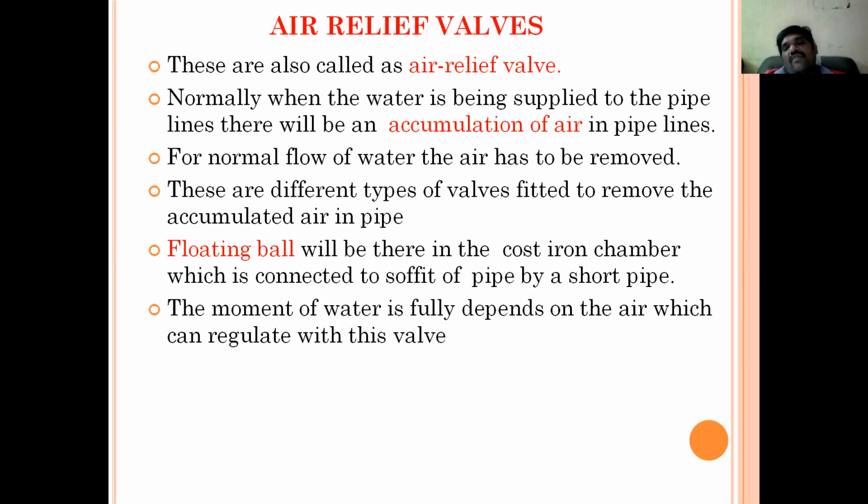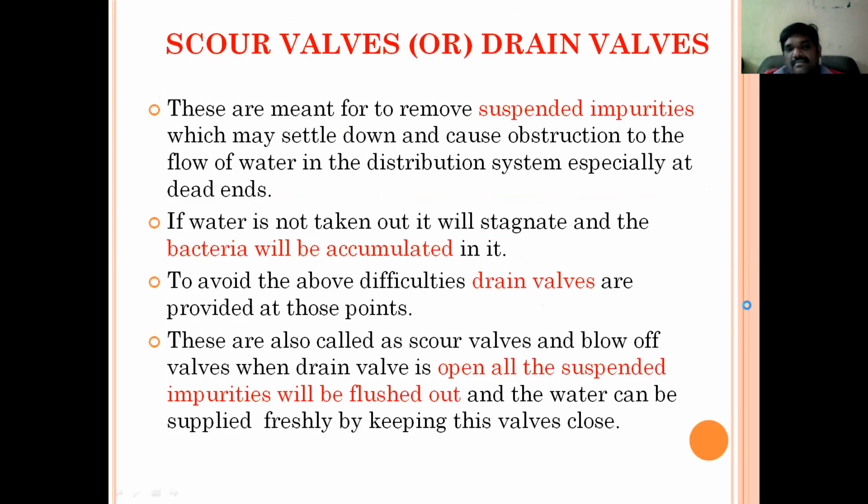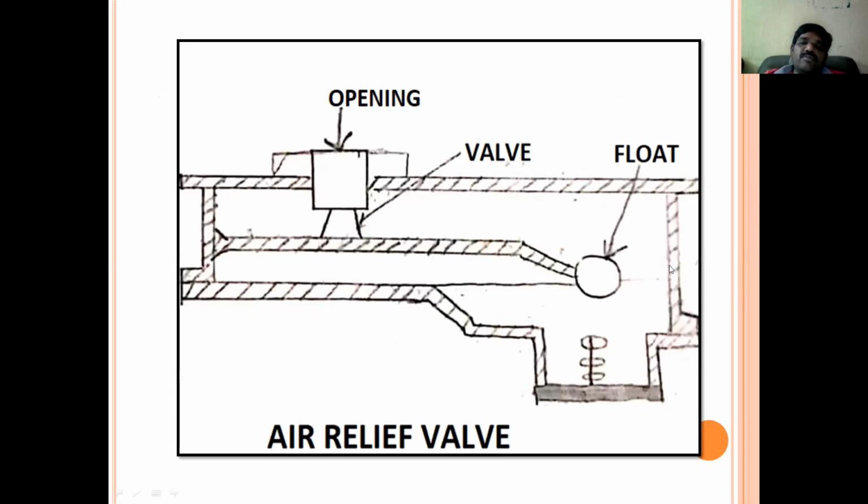See, a floating valve will be there in the cast iron chamber, which is connected to the soffit of the pipe by a short pipe. The movement of water fully depends on the air, which can be regulated with this valve. You may have observed air relief valves in washrooms. This is the ball.